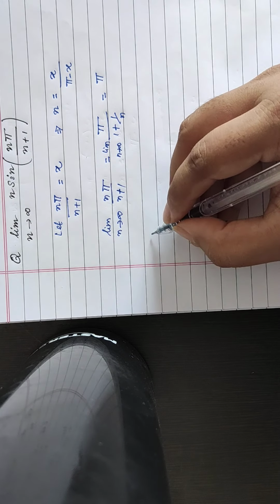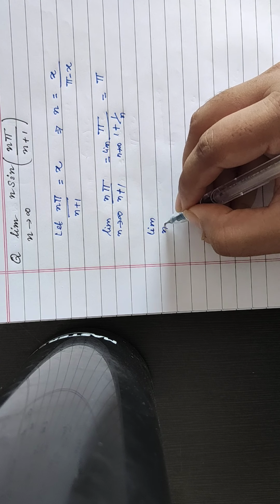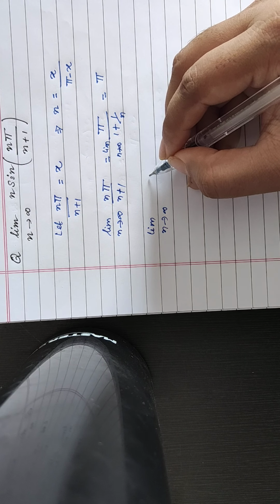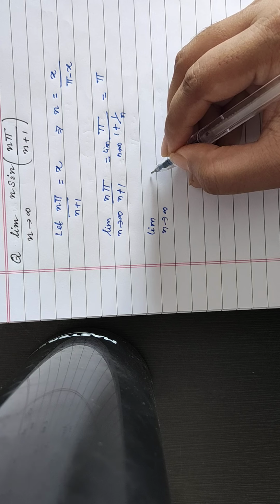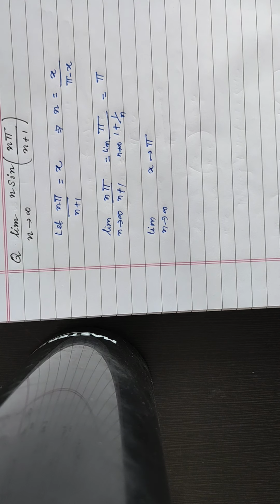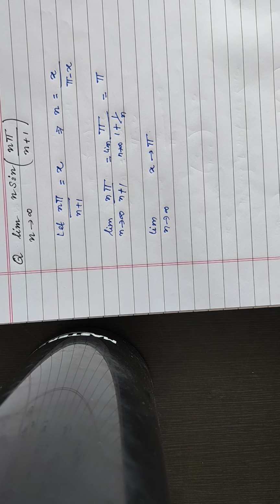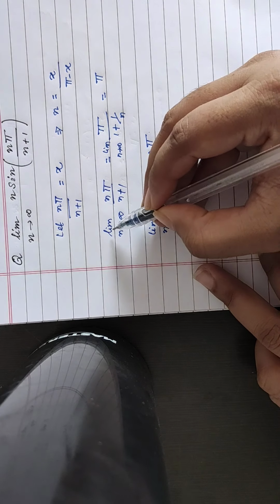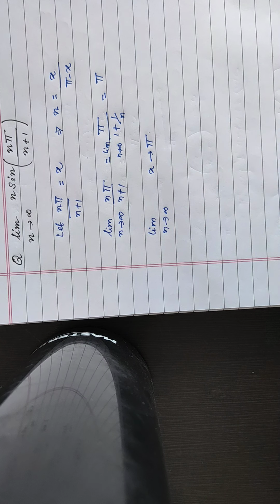It means that when n tends to infinity, then x tends to pi.